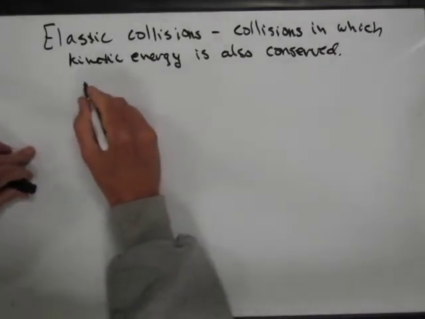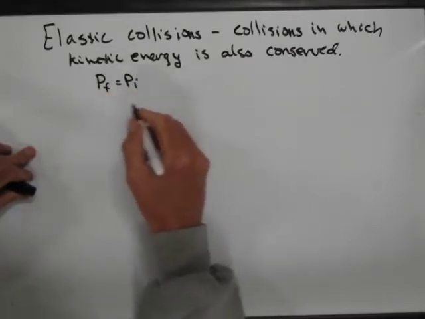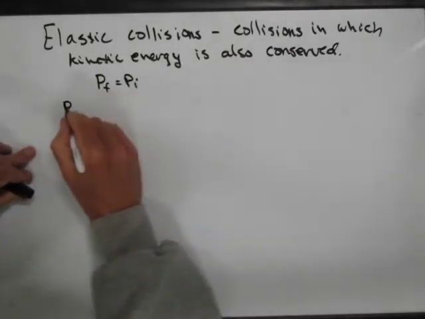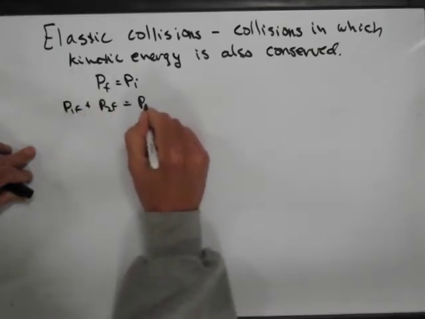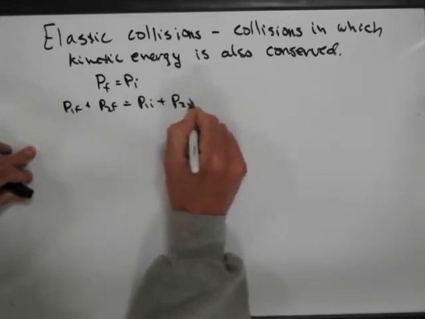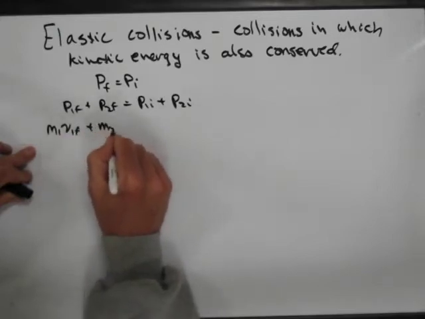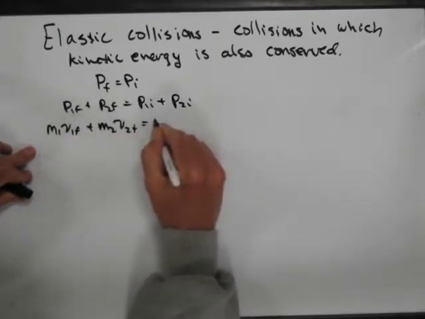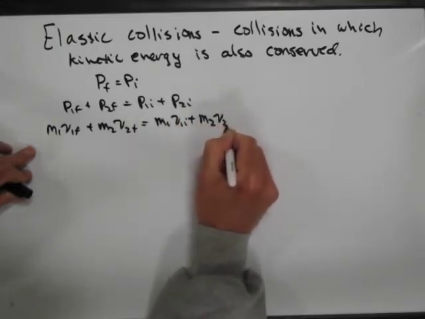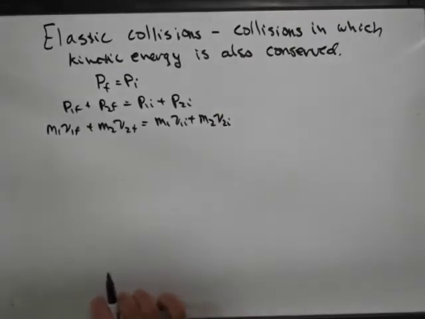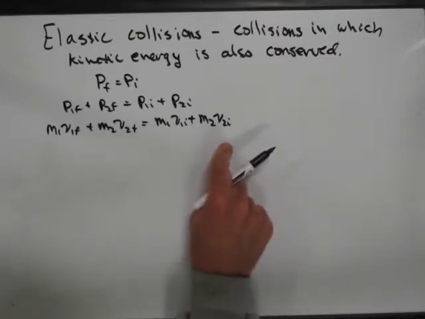And so in this problem, I'd have P final equals P initial, or if there were just two objects, I could say P1 final plus P2 final equals P1 initial plus P2 initial, or I could say M1 V1 final plus M2 V2 final equals M1 V1 initial plus M2 V2 initial. That's the standard way of approaching a problem for conservation of momentum.